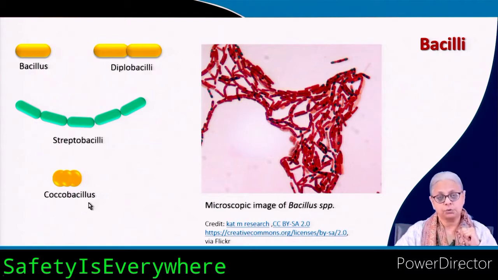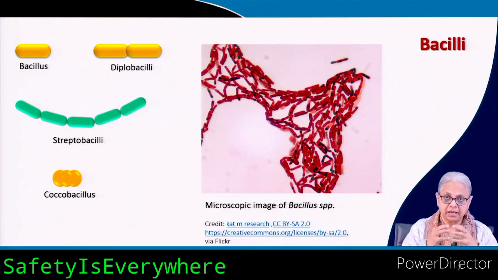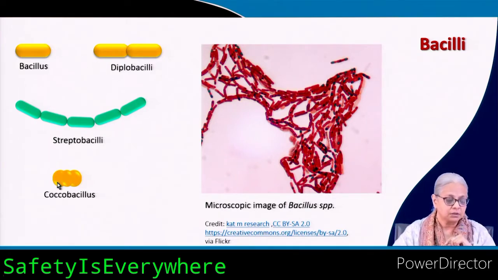And coccobacilli are slightly different. They are not so elongated, so they are more like a spherical shape but slightly oblong, almost like an egg shape. So these are coccobacillus organisms.